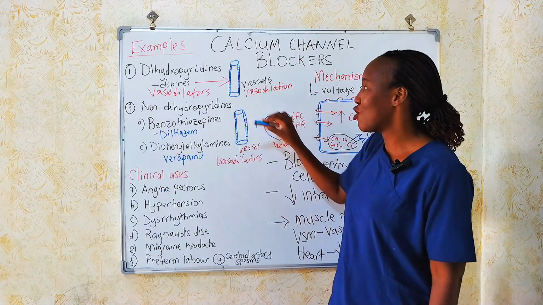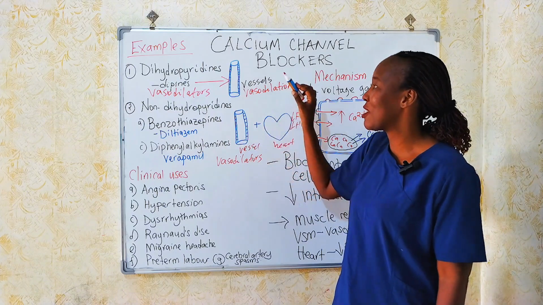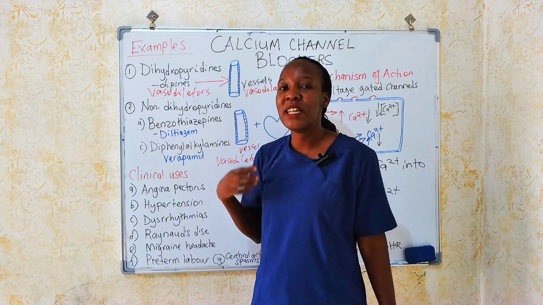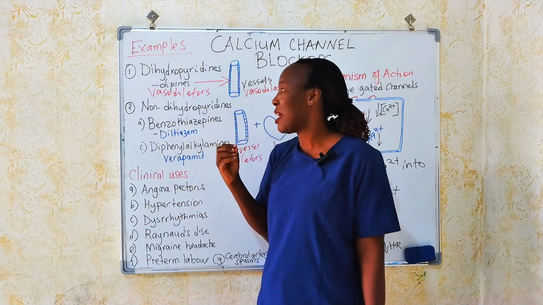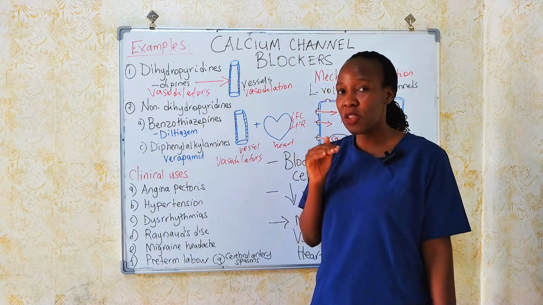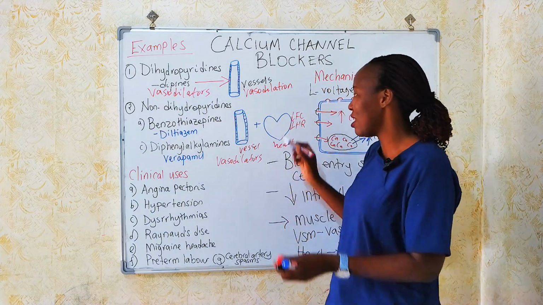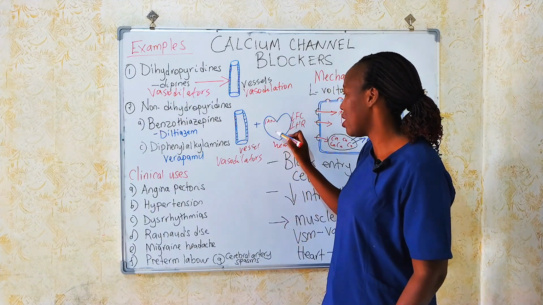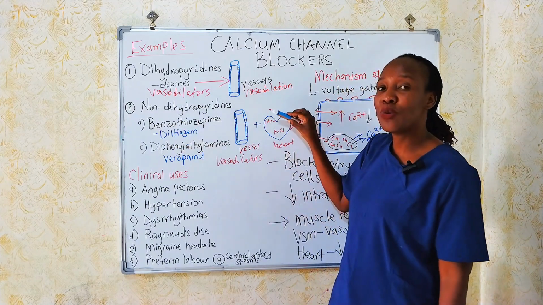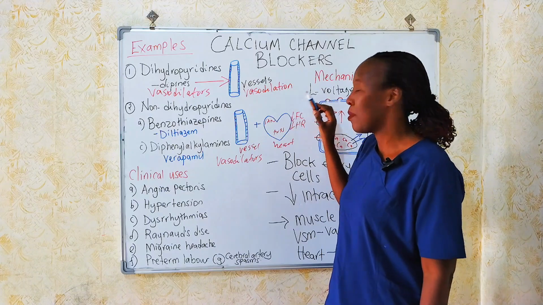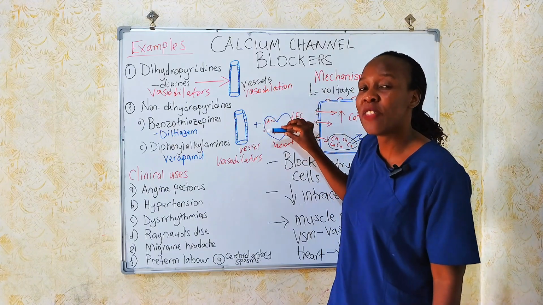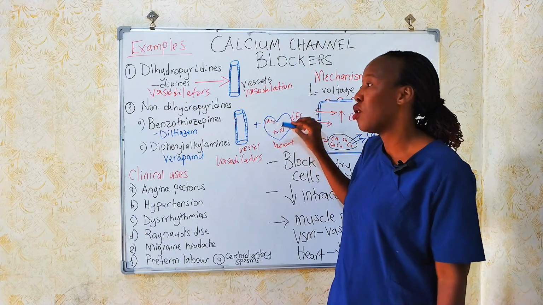This distinction is very important. In fact, it would explain why the dipines may be used, for example, in hypertension, maybe in angina pectoris, but then they will not be used in dysrhythmias because they don't do anything to the SA node and then the AV node, while the non-dipines might be used in conditions for which we need to either slow down the rate of the heart itself or the force of contraction.